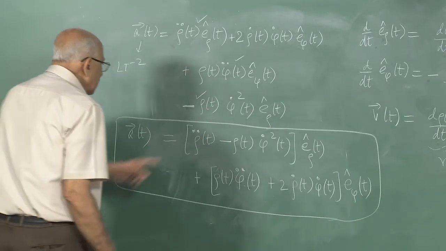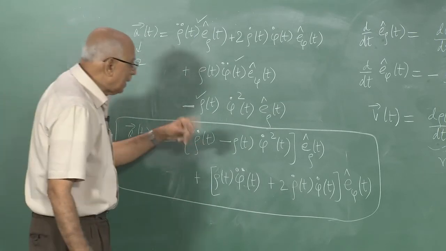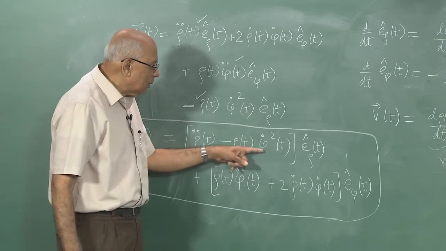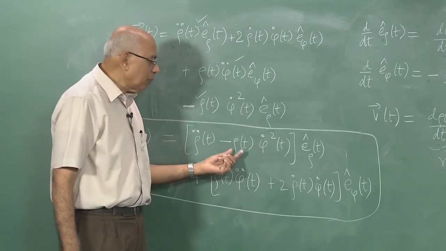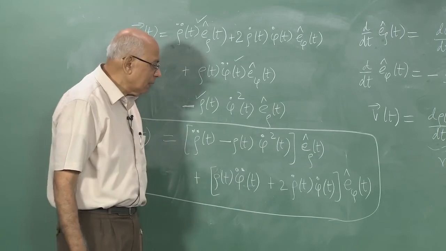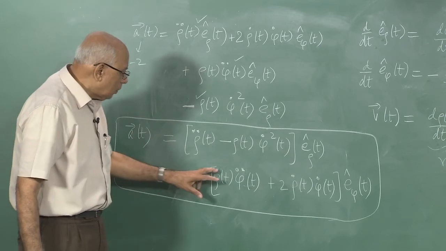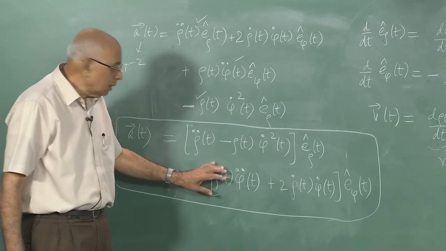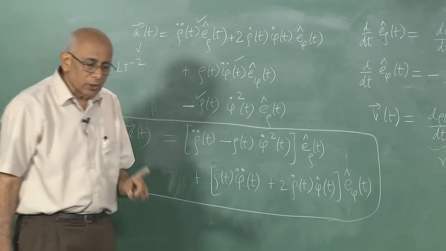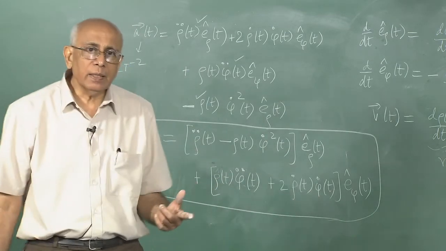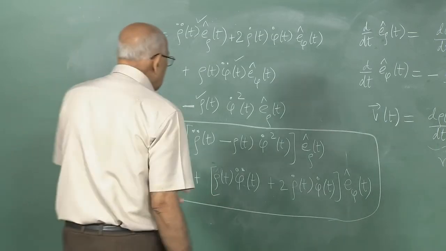So what has happened is that there is a radial acceleration which has appeared here, but there is an extra term which has appeared here which depends on the square of the angular speed multiplied by a radius vector. Similarly, in the case of the azimuthal component, you have got this for dimensional reasons times an angular acceleration because it is the second derivative of the change of the azimuthal angle. The first derivative is the angular speed, and this is the rate of change of the angular speed.